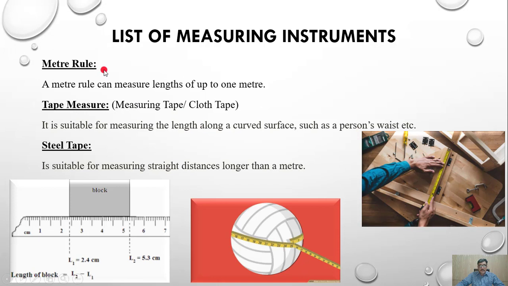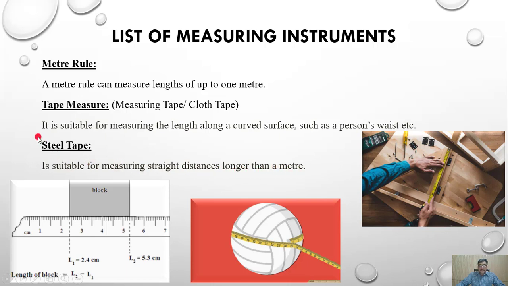So a meter rule can measure lengths of up to 1 meter. If the length exceeds 1 meter, then we have to use a steel tape. Steel tape is suitable for measuring straight distances longer than 1 meter.